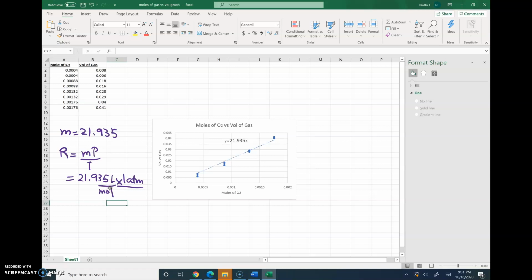To find T in Kelvin, you do T Celsius plus 273.15. For me, it's going to be 293.15. And when I solve, I get 0.0747 atm over mole.